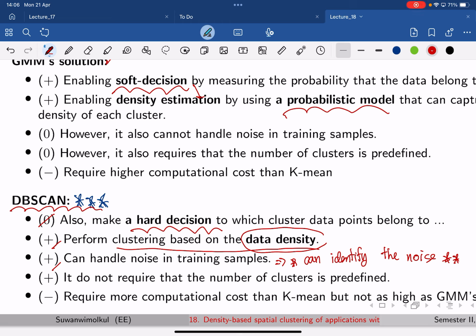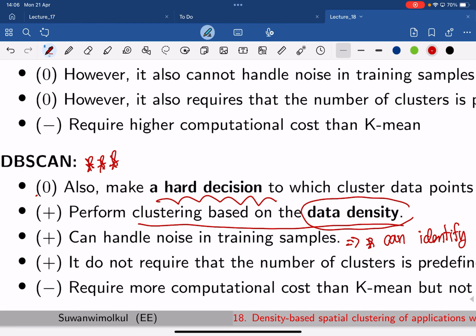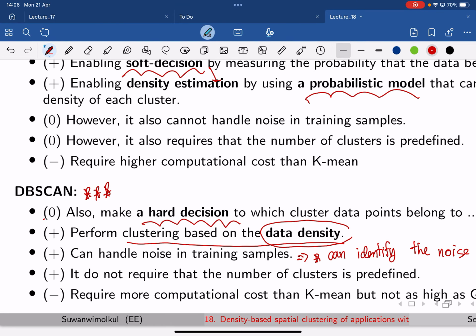So some people use DBSCAN to do some cleaning, that is, to identify whatever outliers that don't seem to belong, like aliens. So some people would use DBSCAN to remove those outliers first, and after that use the rest of the data to perform something else. That is most of the time what people do if they don't have other choices.